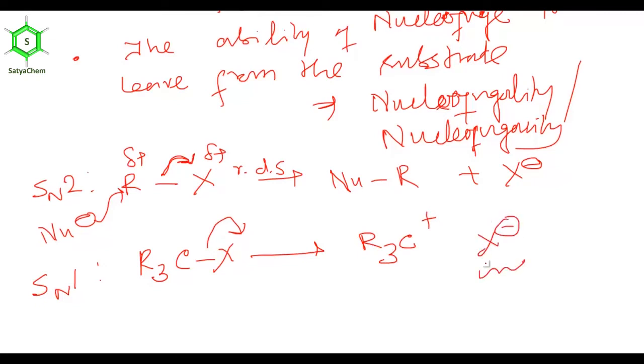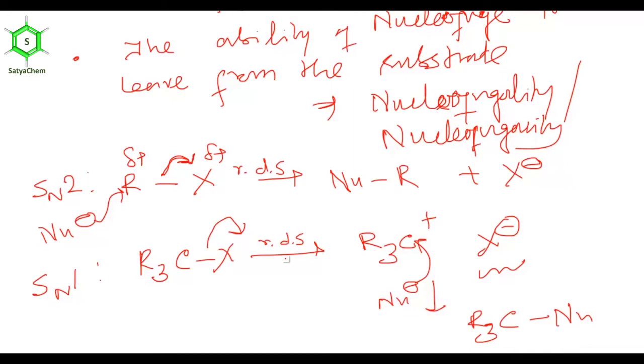So this is the leaving group, and this is the RDS. Now the nucleophile attacks the carbocation. Ultimately, we will get R3C-nucleophile. So that is why both SN1 and SN2 are dependent on the leaving group.